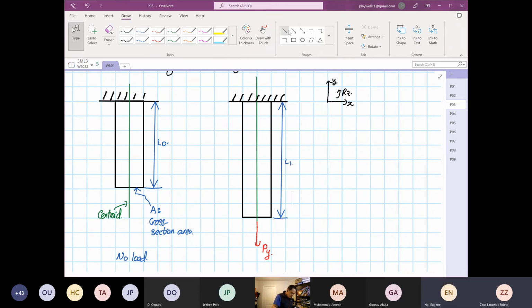And over here what we have is delta L, which is equal to L1 minus L0.